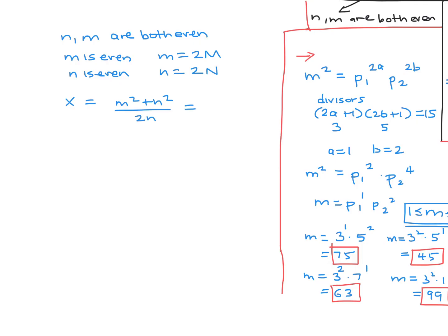So if we substitute these guys, it would become 4 big M squared plus 4 big N squared all over 4N. And that reduces to just N plus M squared over N. And that's x.